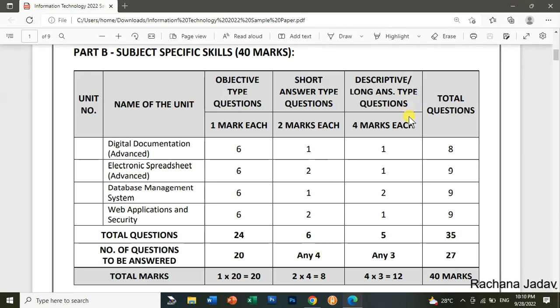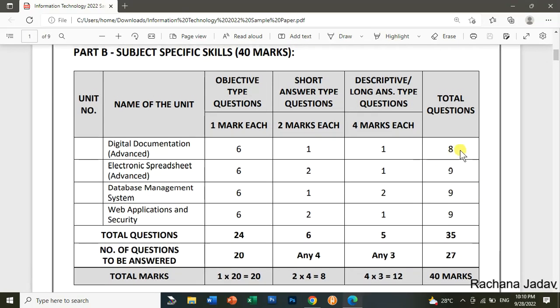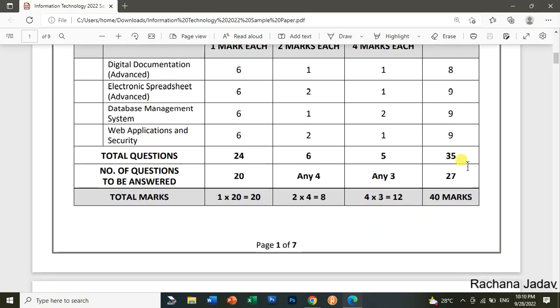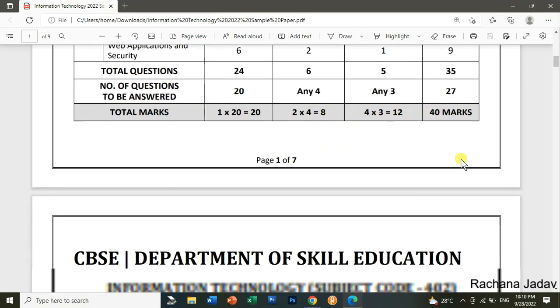Descriptive long answer type, in that also there is an option, that 5 questions will be there, any 3 you have to attempt it. Okay, and yes, totally you will have 35 questions and you have to attempt 27. So you can see the marking also. Objective type again 1 mark, short answer 2, then long answer 4 marks, and totally 40 marks.